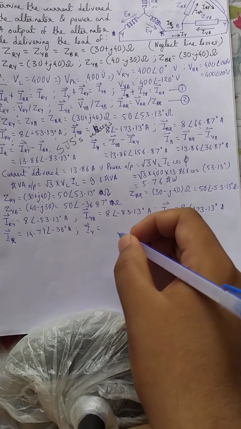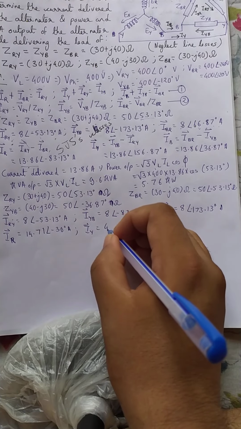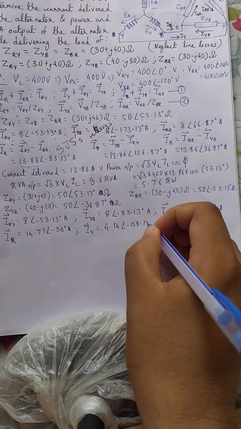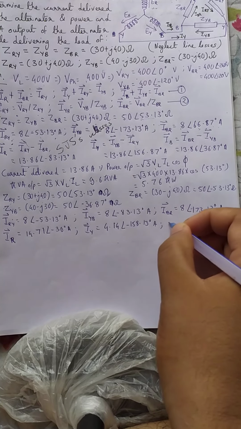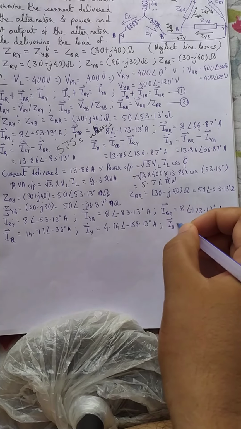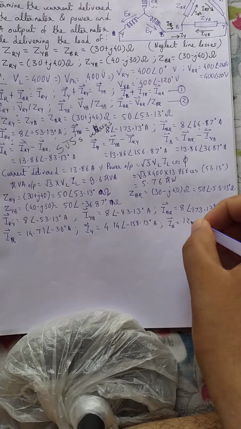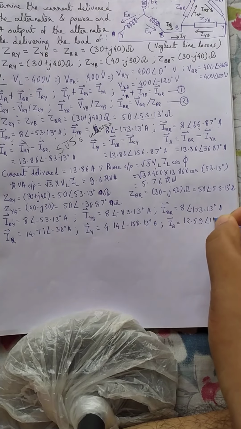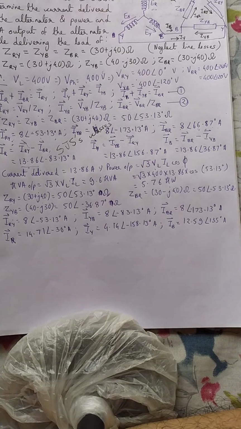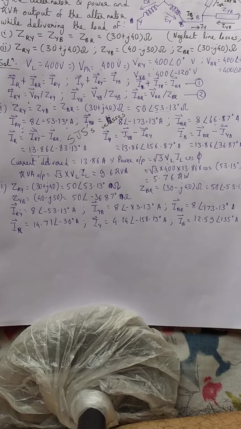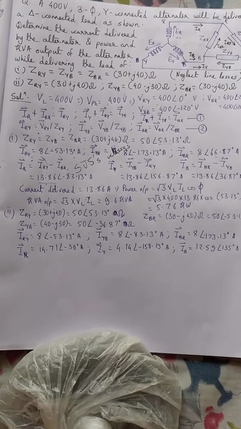IY, if we solve, would be 4.14 angle minus 158.13 ampere, and IB will be equal to 12.59 angle 135 degree ampere. So we are having all these readings right now.